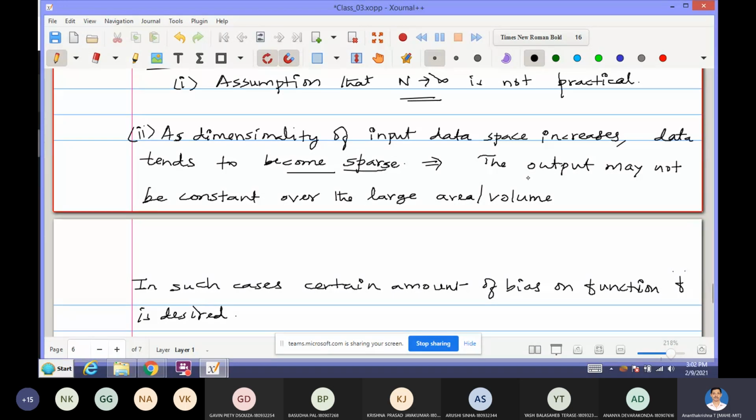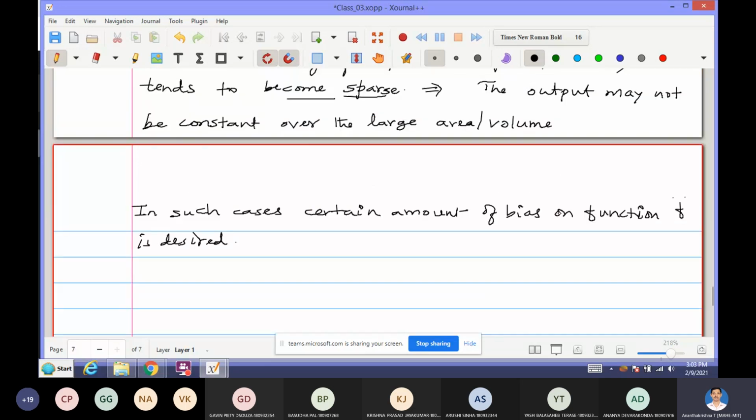If you make an average over such a large volume of data, your constant may not represent the output, because you are averaging over different classes or different types of data. So that may not represent it.